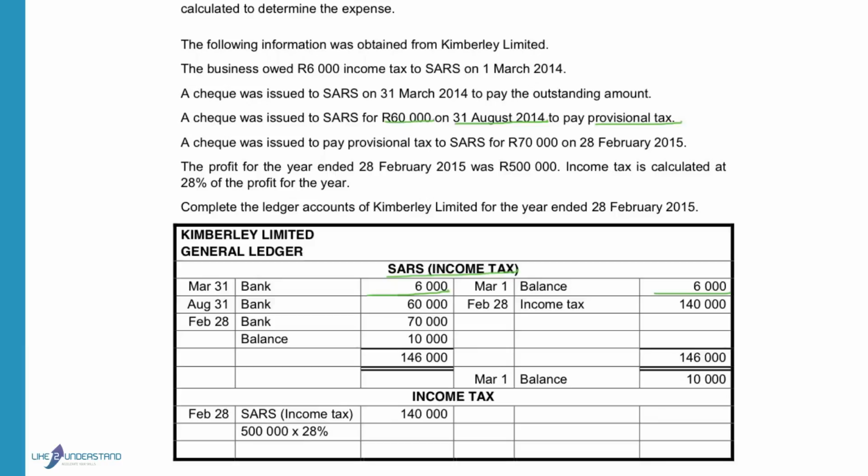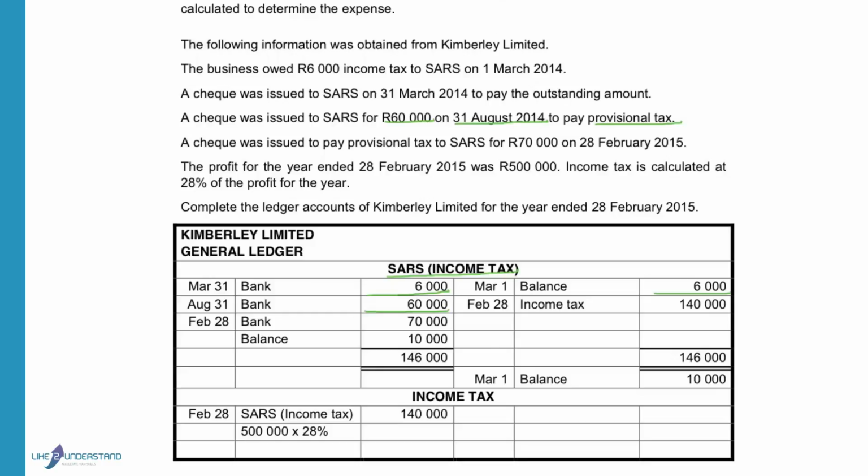That 60,000 Rand reduces the total debt to SARS that the business will have to pay on all the profits that they make. So when the provisional tax payment is made, bank is credited and SARS is debited because this money is paid over to the government department called SARS.